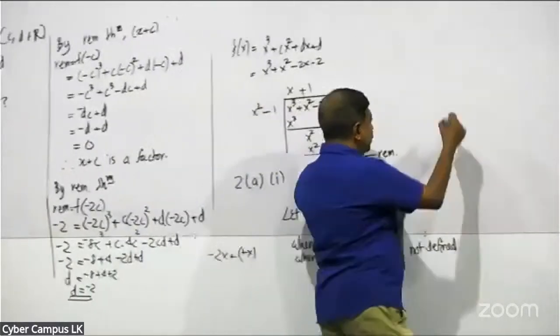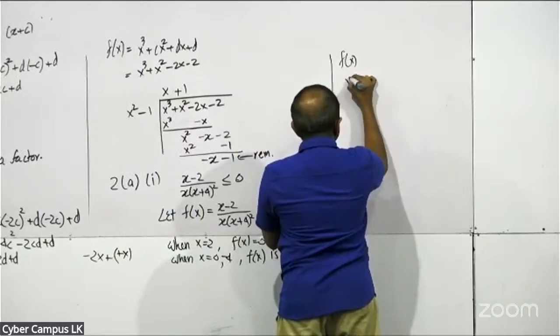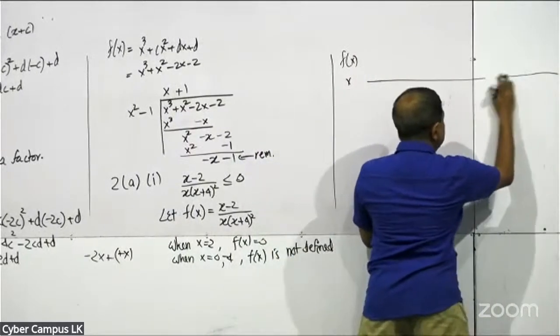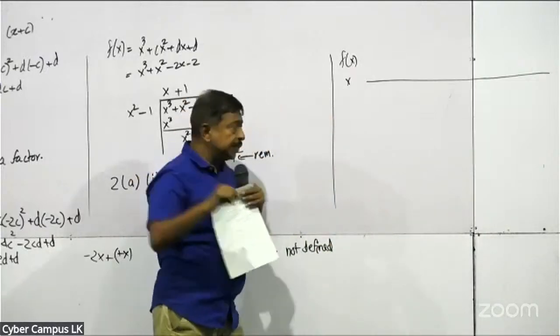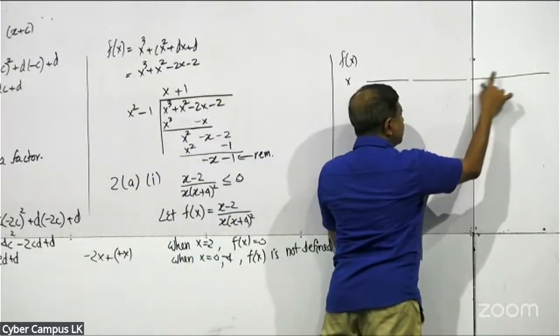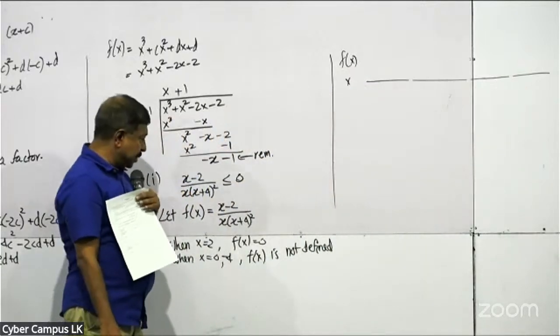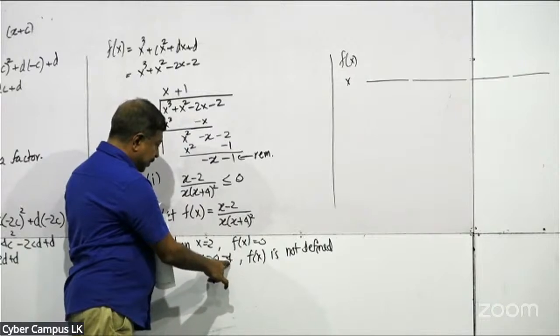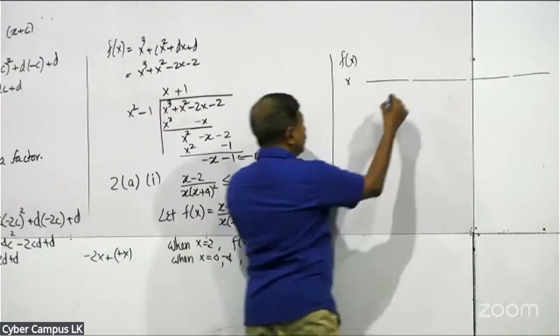Now, this is what you need to do. This is a number line. Mark those 3 points. Sometimes you can prepare a table, but that's a long process. You don't have to do it like that. So minus 4 is there, then 0, finally 2.